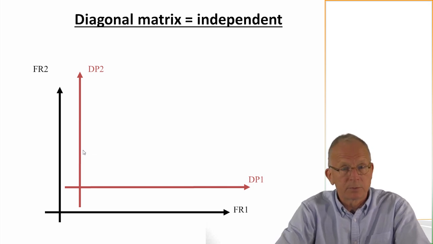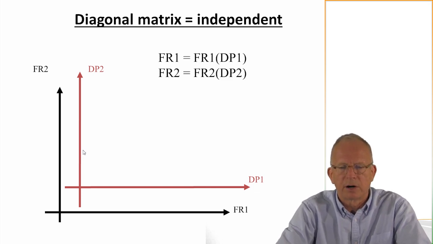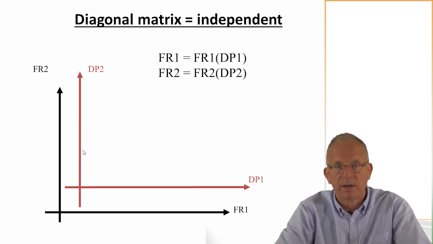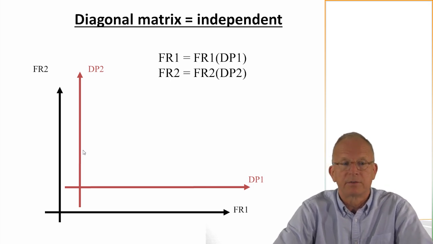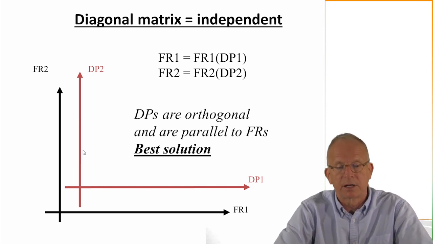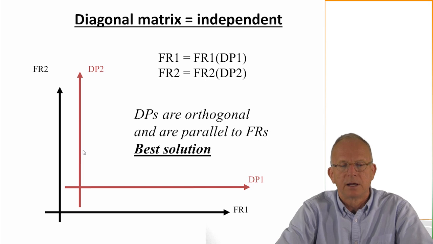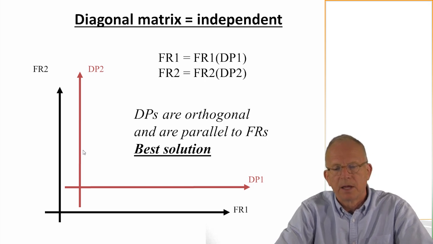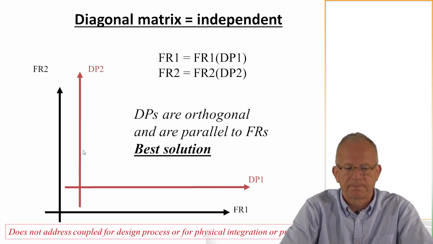Now the best is where the axes are parallel to each other, and this is going to result in FR1 being a function only of DP1 and FR2 being a function only of DP2. This will lead to a diagonal matrix and a completely independent design, and so the DPs are orthogonal to each other and parallel to the FRs. So this is the best solution.